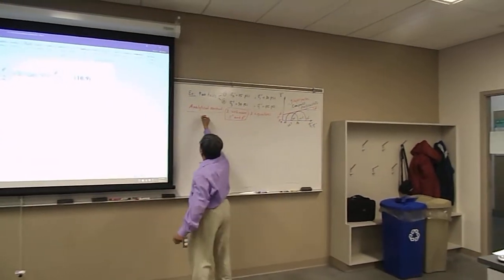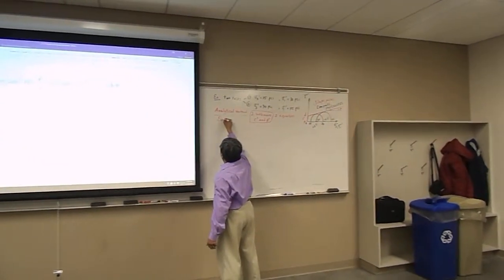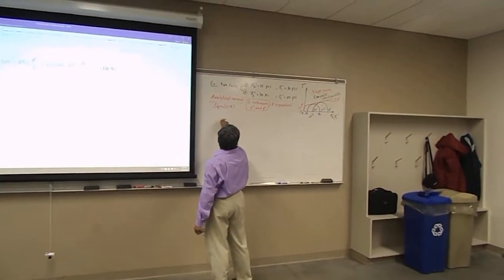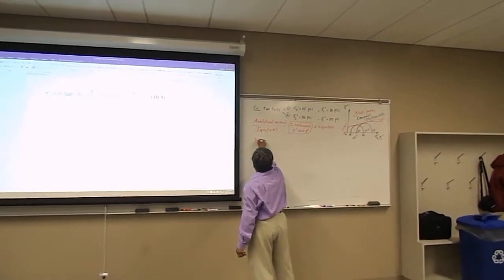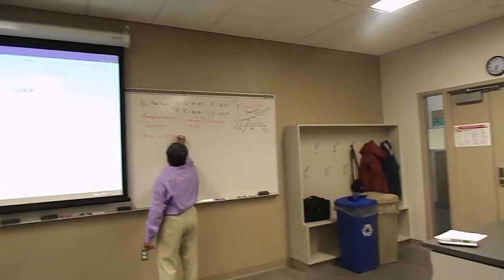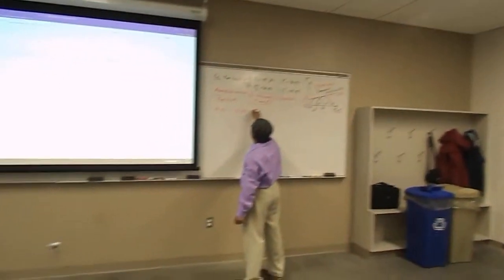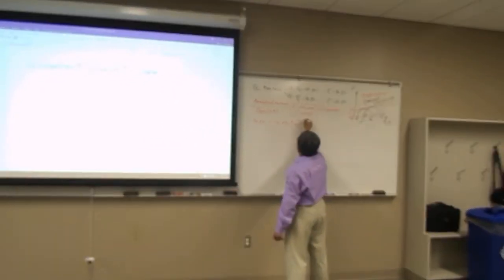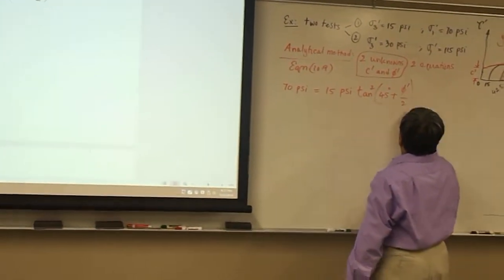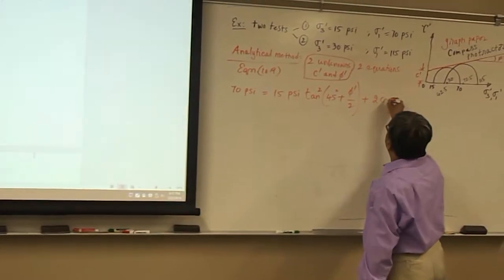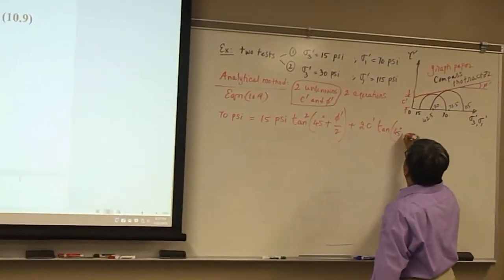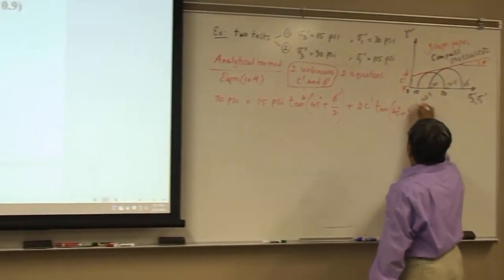Using equation 10.9 2 times, we can write that 70 psi equals 15 psi times tan square of 45 degree plus half phi prime, plus 2c prime tan 45 degree plus half phi prime.